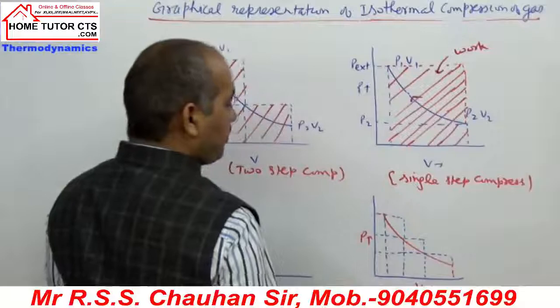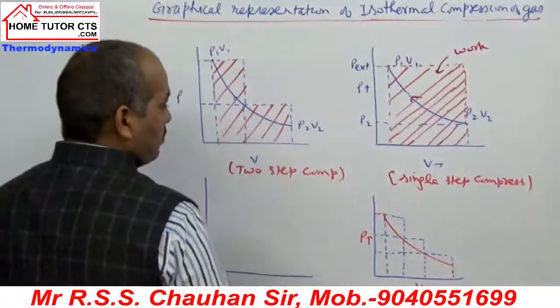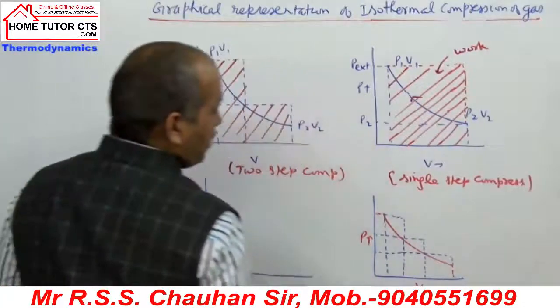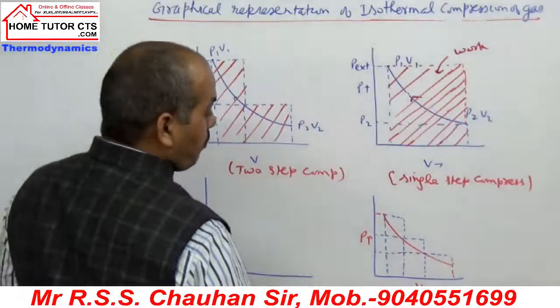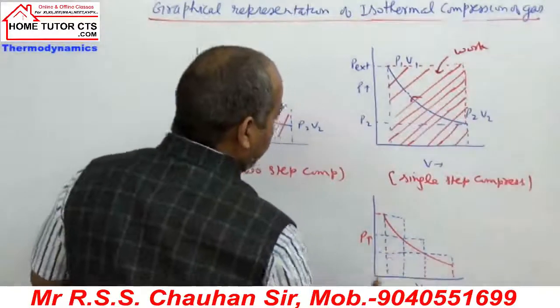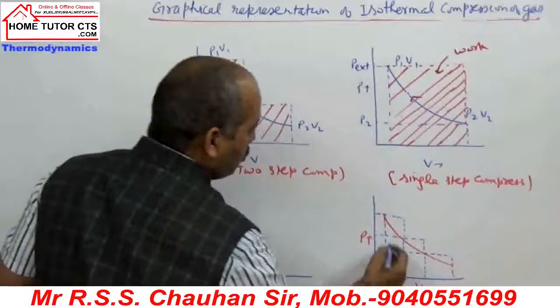So when the number of steps is increasing, the work done on the system will keep on decreasing in compression. This will be more work here, definitely we compare the work magnitude.